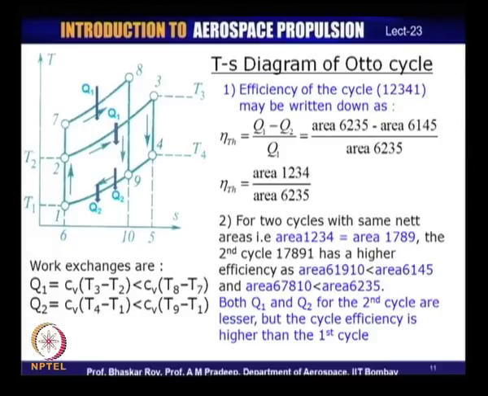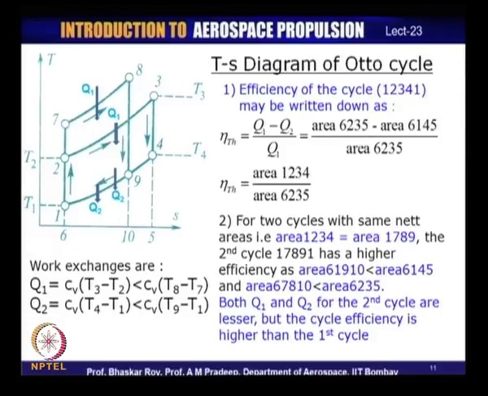In the TS diagram we can now see that the work done, for example, if we take the first cycle here, 6, 2, 3 and 5, that is the heat input into the system, and the heat output Q 2 is in terms of 6, 1, 4, 5.